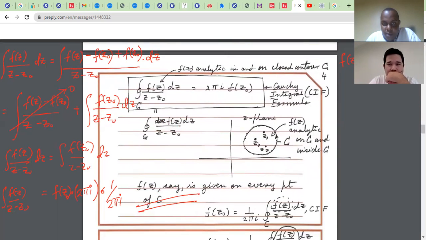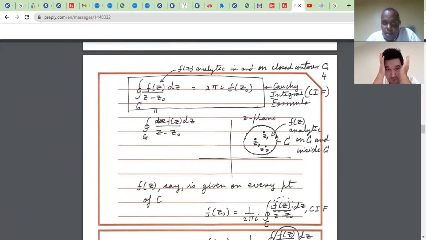We just proved that formula. So if f(z) is analytic in and on the closed contour, the integral will be 0. So this is going to be that. That is Cauchy's integral formula.